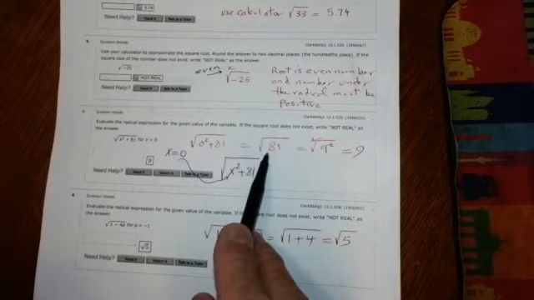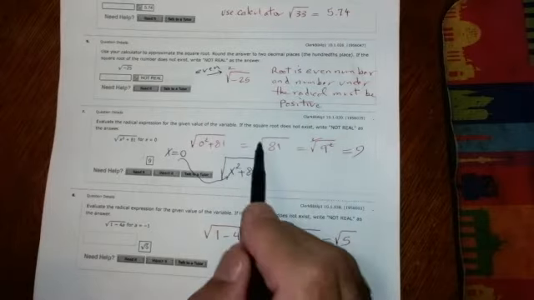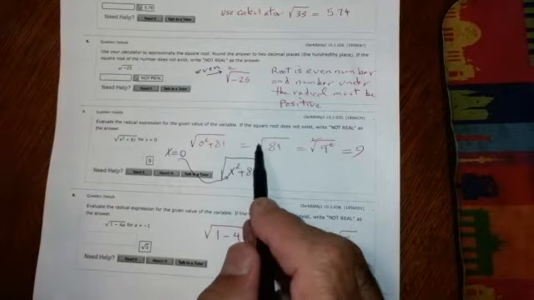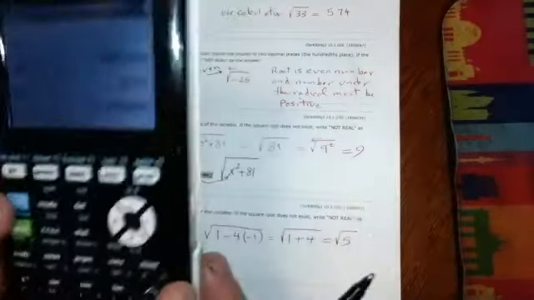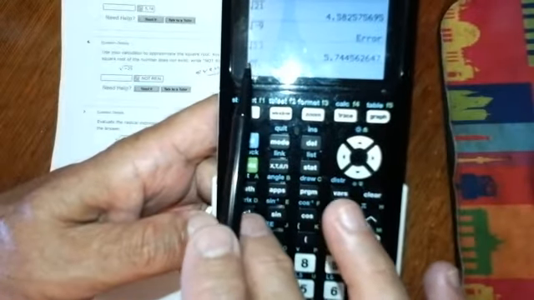Radical 81. What is radical 81? 81 is 9 to the power of 2, so 9 is real. If you don't see any number, it means it's always 2. Normally for the 2, we don't write it. That's why when you use your calculator here, let me show you. See, when you are using radical, it doesn't have any root. When it doesn't have any root, that means the root is 2.